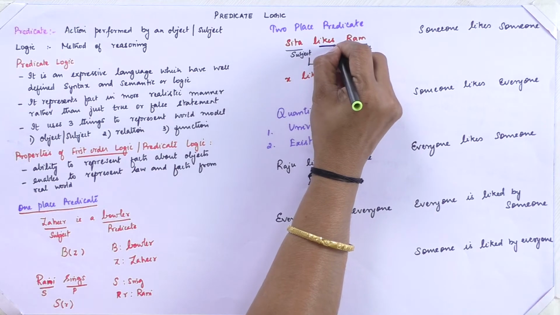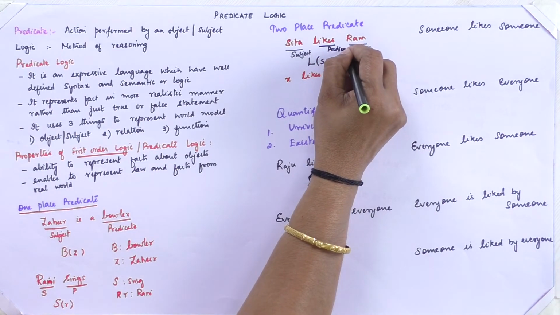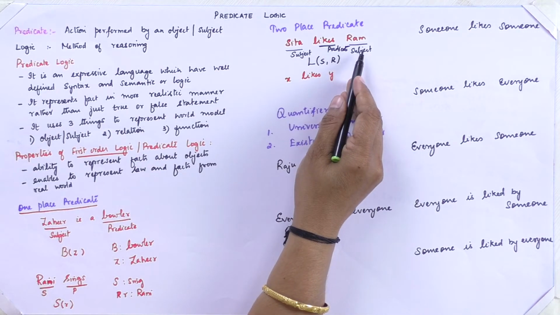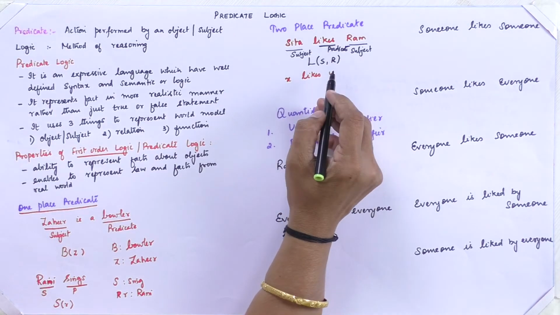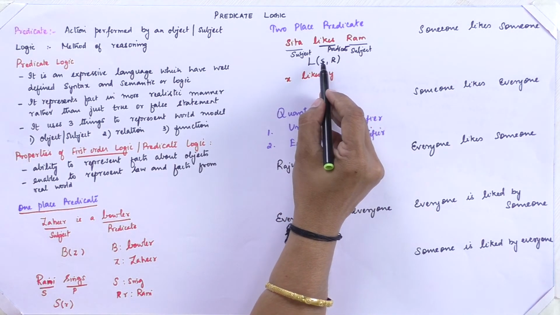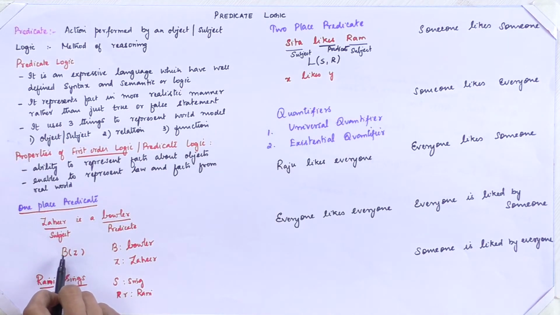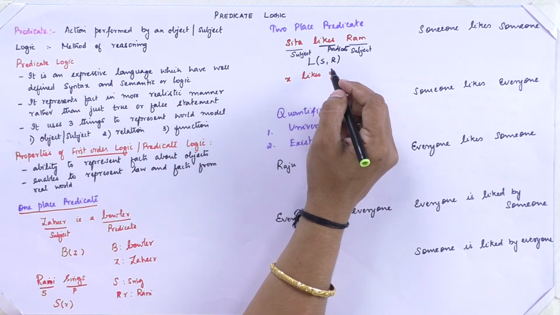Predicate here is likes. Now within the bracket, since I have got two subjects, it is S, R. S represents Sita, R represents Ram. Now read the statement: Sita likes Ram. Likewise, you read Zahir is a bowler, and Rani sings. This is how we will have to read the statement.